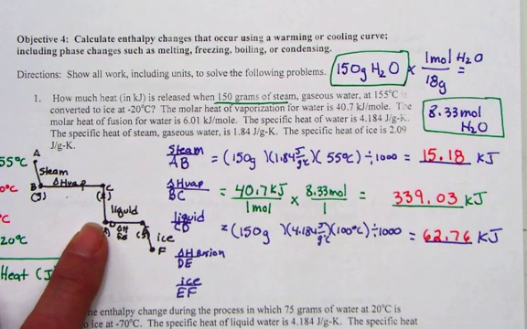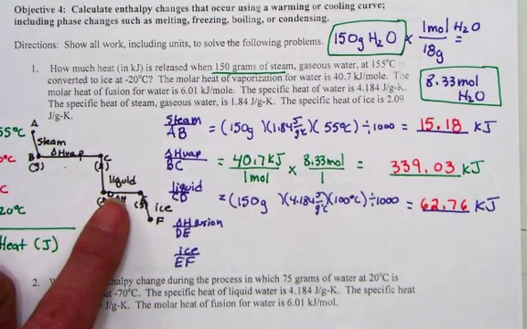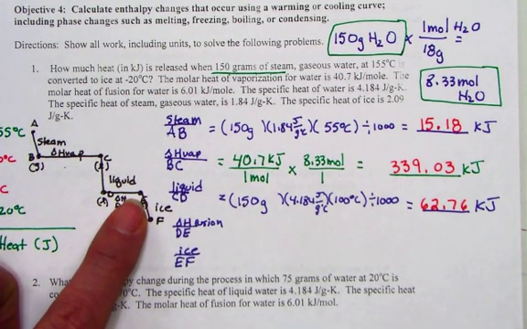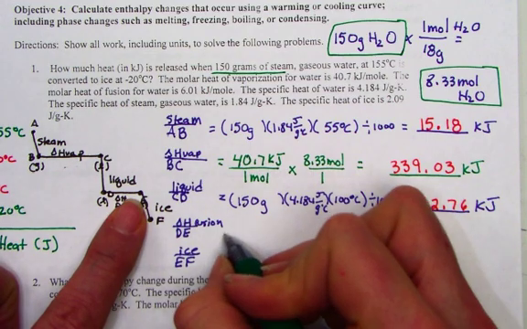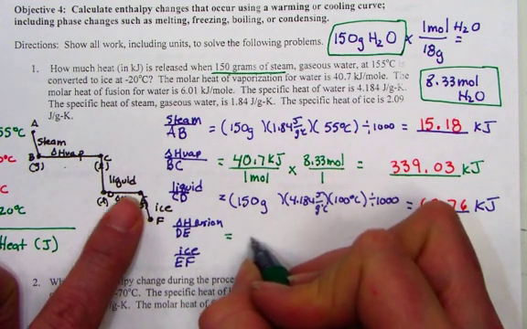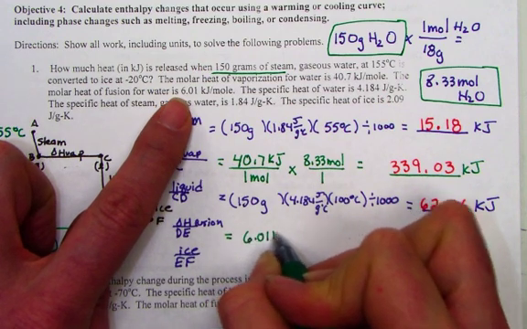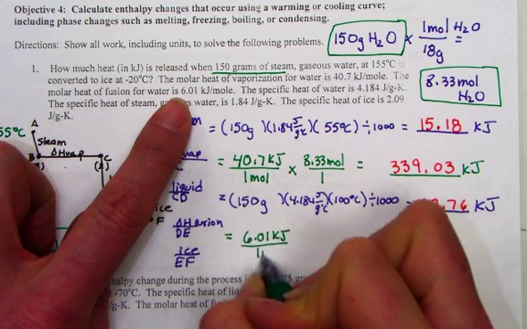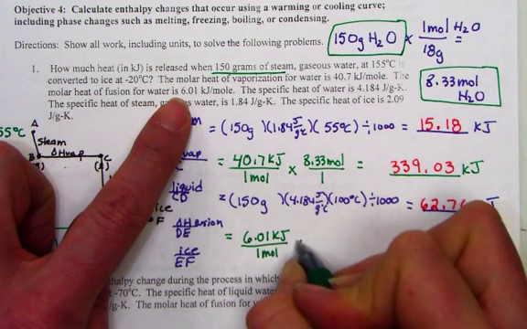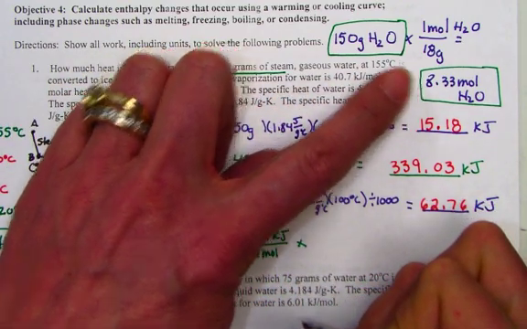What we'll need to do next is the phase change from point D to point E. Our constant we know for the heat of fusion, 6.01 kilojoules of energy for every 1 mole of water. But we are using 8.33 moles.